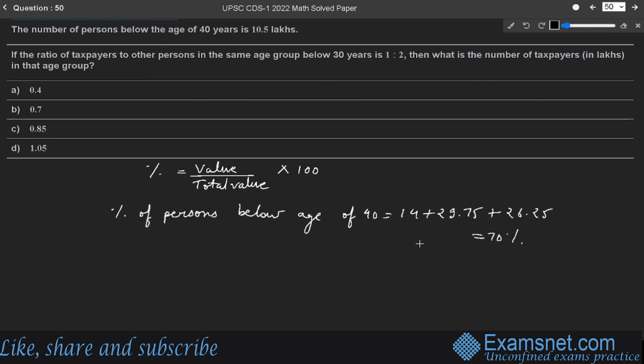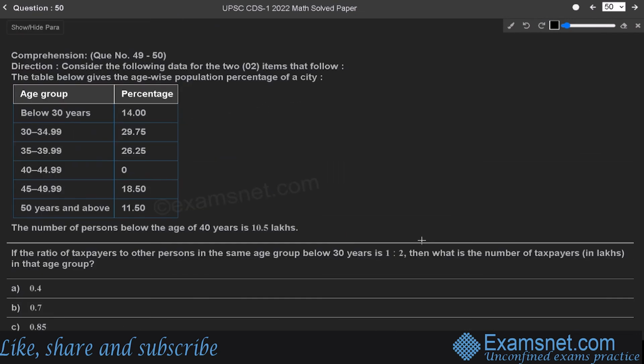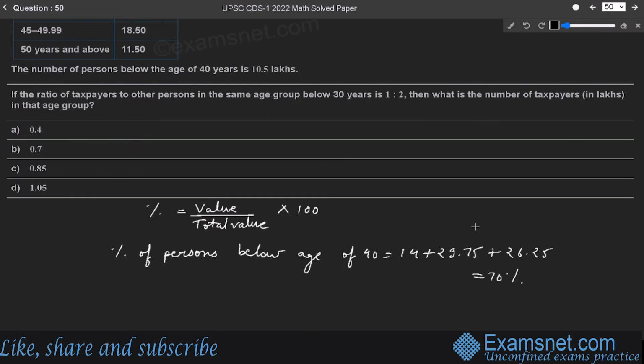You can see in the table that the percentages of people below the age of 40 are 14, 29.75 and 26.25. So adding all these terms, it will be equal to 70%.